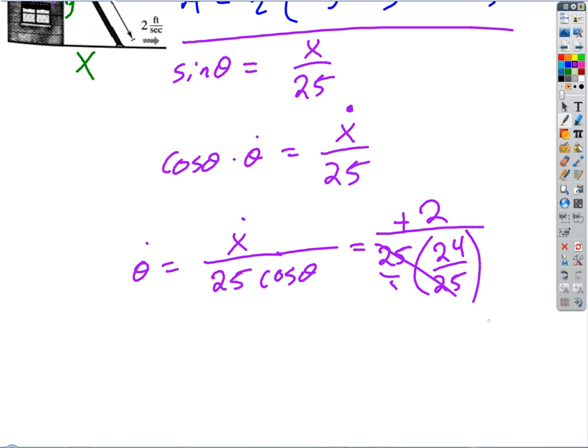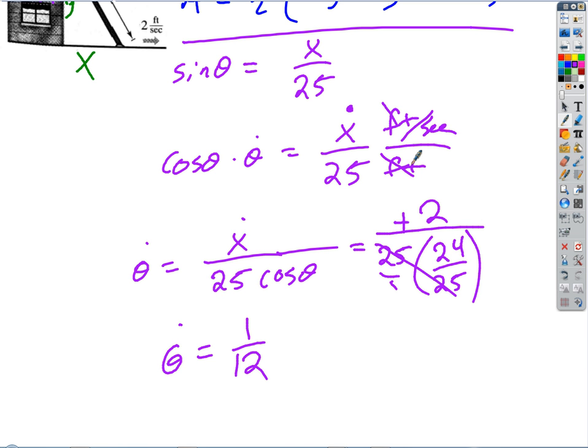Now, theta dot, what does that mean? There's a last part of this that's pretty important. Theta dot equals 1/12 what? Well, how do we measure an angle? Notice that if I were to put the units in, I would have had feet per second over 25 feet, so the feet would have canceled.